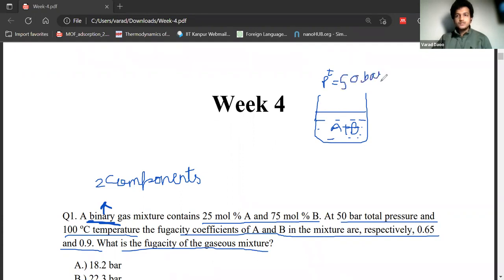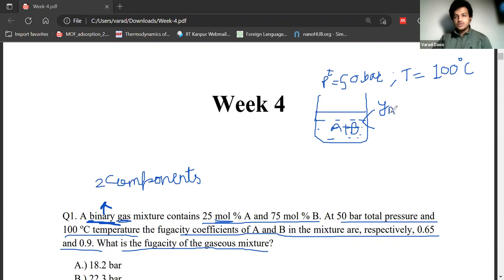Then the temperature is 100 degrees centigrade. And the mole fractions. Remember, these are the mole fractions and not the mass fractions. So it's a gaseous mixture. That means yA and yB are given.